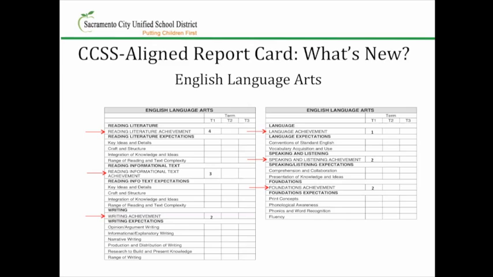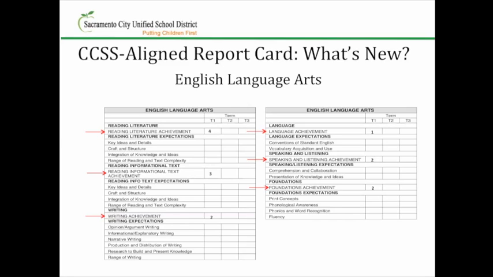Under each numeric mark, you see a title with the word expectation. For example, under Reading Literature Achievement, you see Reading Literature Expectations. Below this, you will see a list of sub-skills or expectations that students will meet to demonstrate the grade level standards for reading literature achievement.